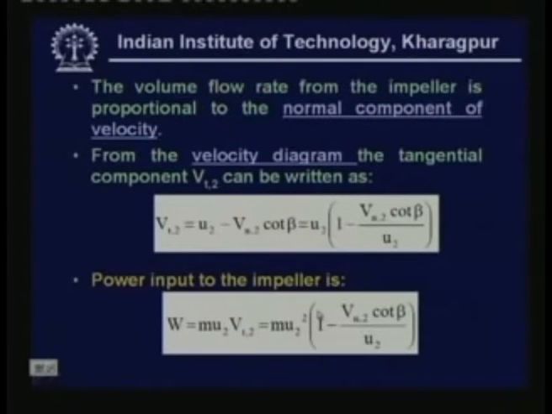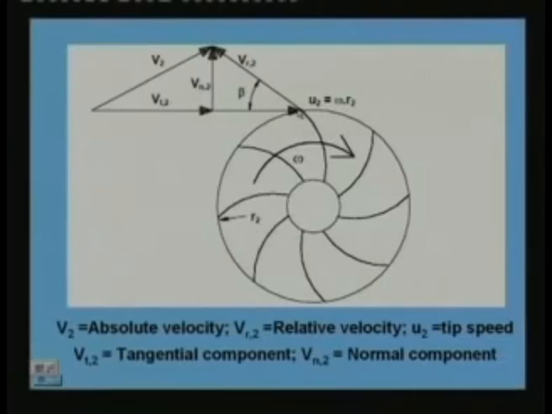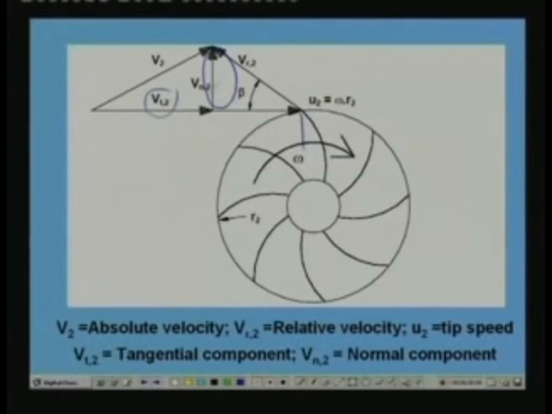Now the volume flow rate from the impeller is proportional to the normal component of velocity. So the volume flow rate basically depends upon this normal component of velocity, and we have just now shown that the power input and torque depend upon this component. Now this component can be written in terms of the tip speed u2 and the normal component. How?